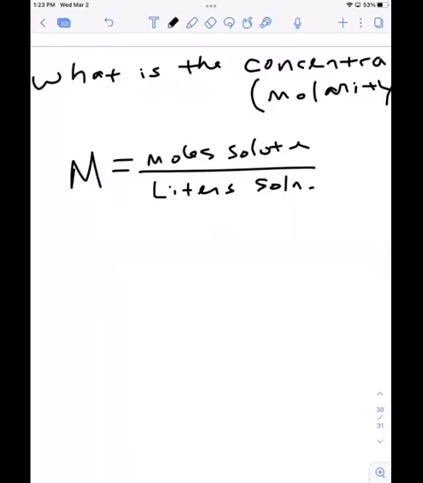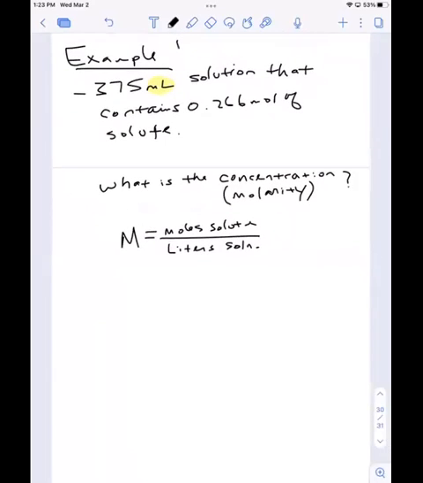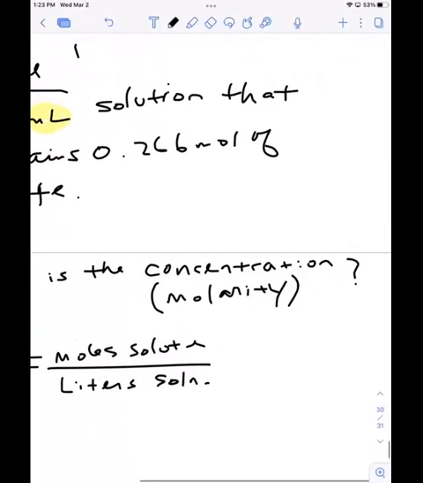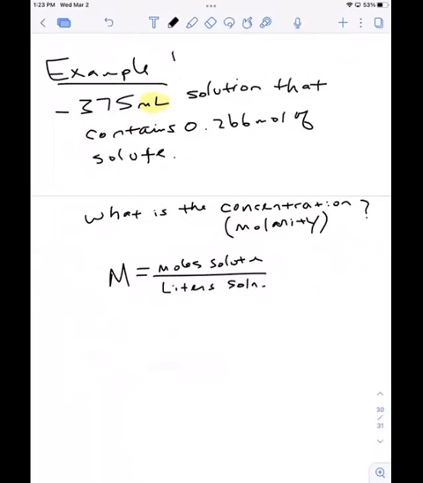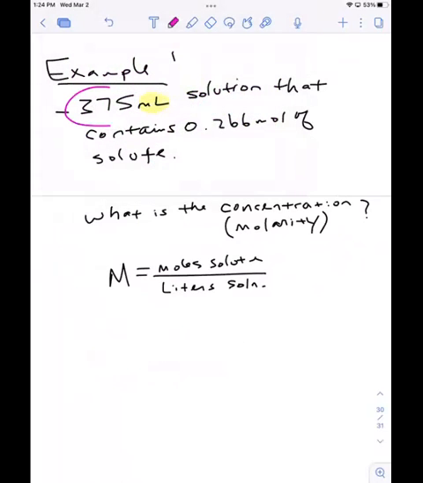What do we have to do in order to get this calculation? In order to do this calculation, we have moles. Moles is fine. We won't have a problem with that. We got a problem with our volume though, don't we? The volume is given in what?